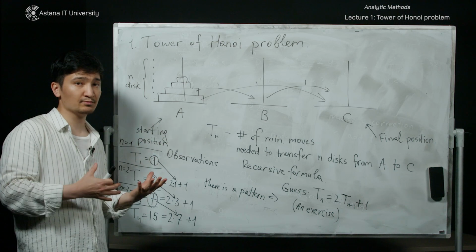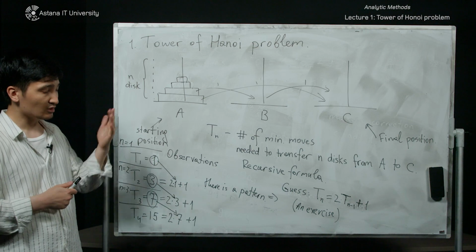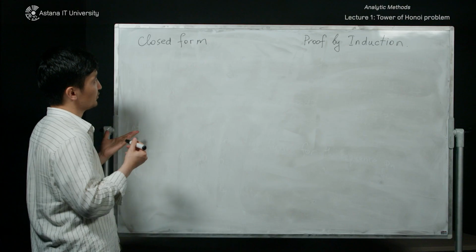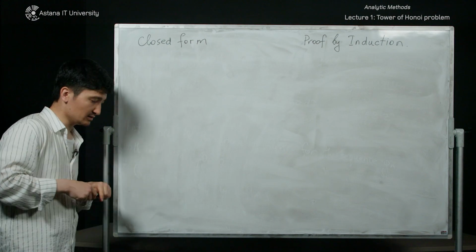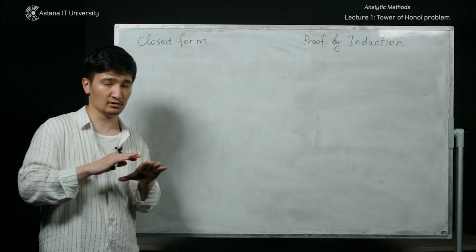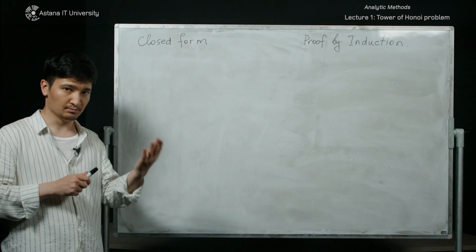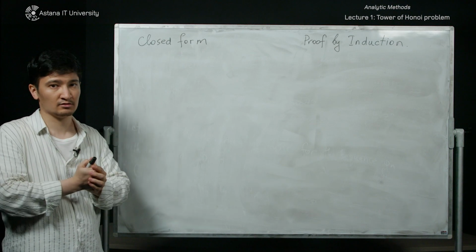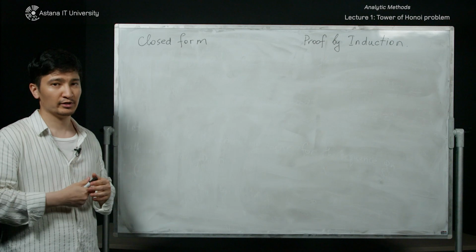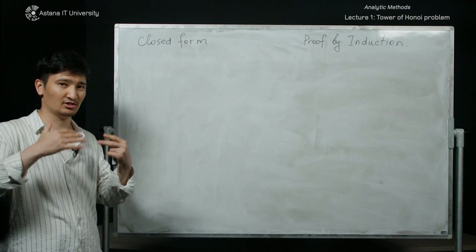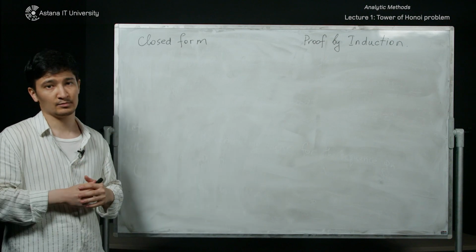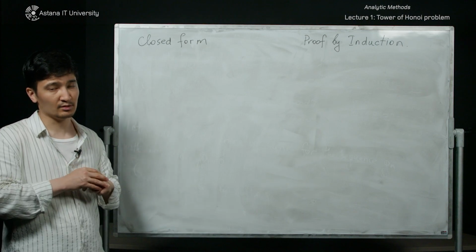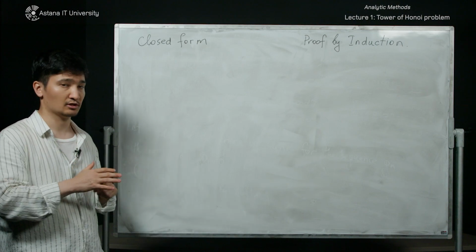Now we want to do the same for the closed form function. A closed form function says that there is no recursive relation between values of t, which is quite efficient for us. If you have a recursive formula, when n gets very large, it's going to be very costly to compute the number of minimum moves in this Tower of Hanoi problem.